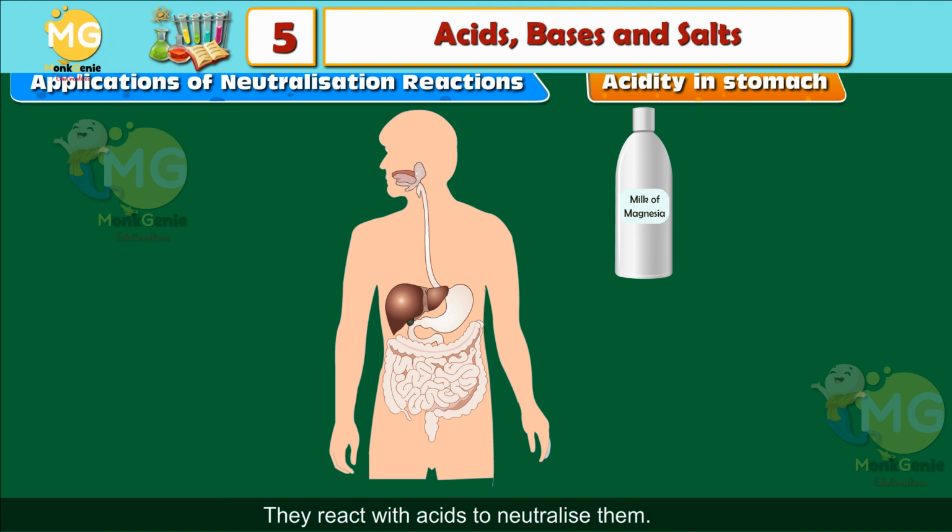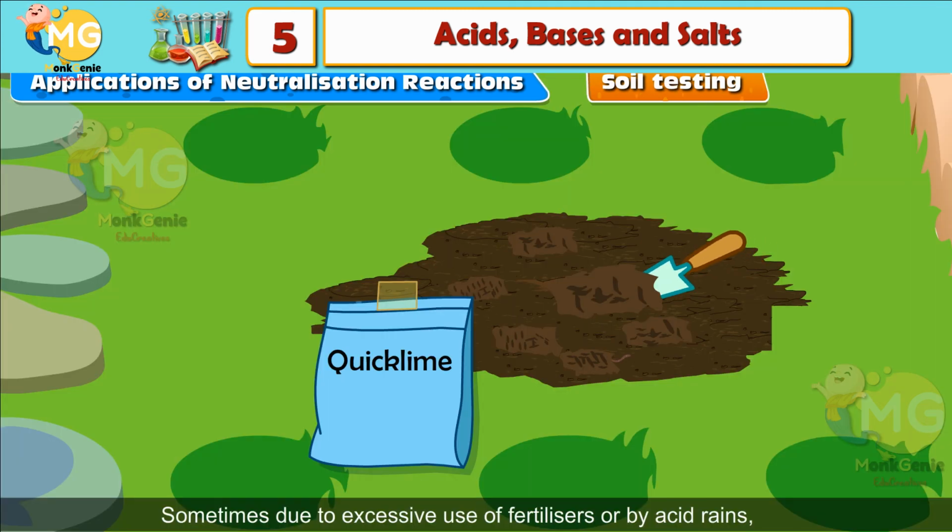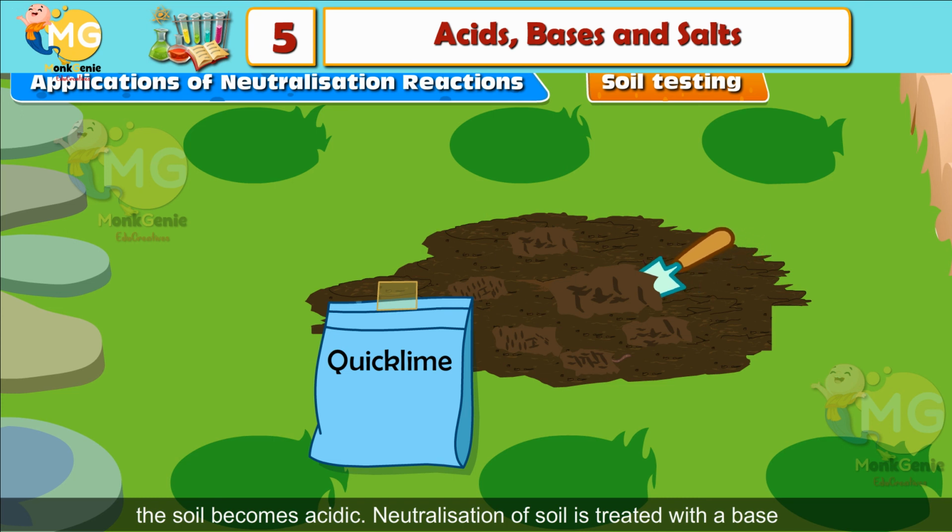They react with acids to neutralize them. Soil testing. Sometimes due to excessive use of fertilizers or by acid rains, the soil becomes acidic. Acidic soil is neutralized by treating it with a base such as slaked lime, calcium hydroxide, Ca(OH)2.